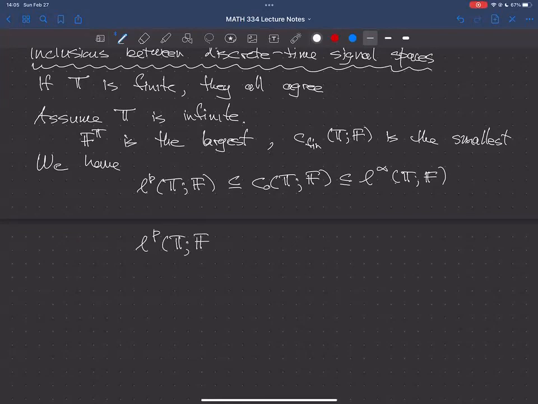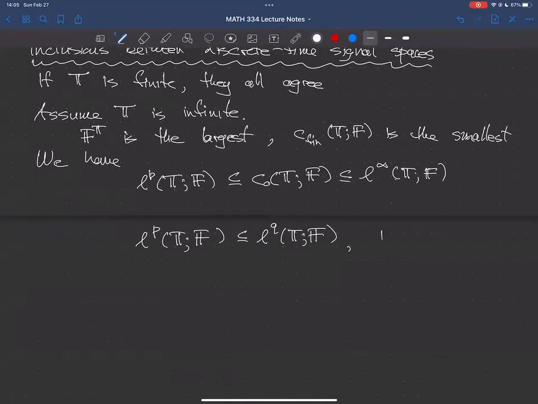So we have that lP of T and F is contained in lQ of T and F for Q greater than or equal to P. Let me just double check to make sure I have this right.